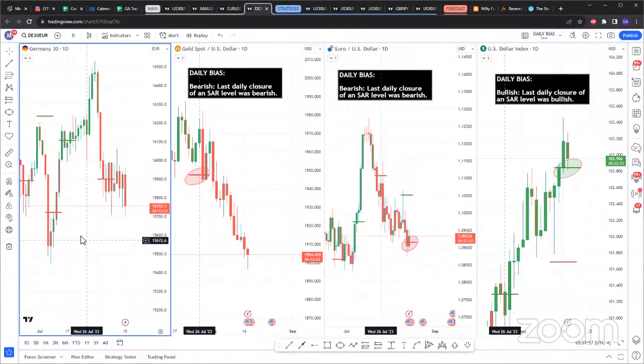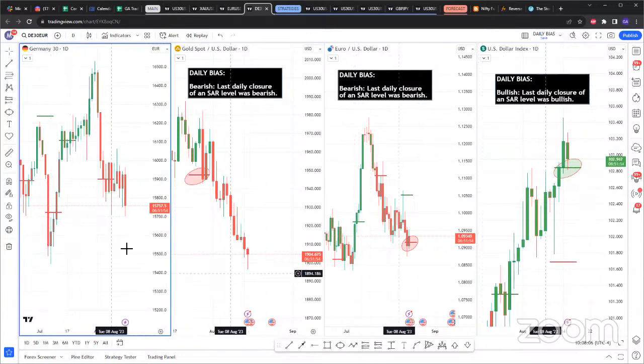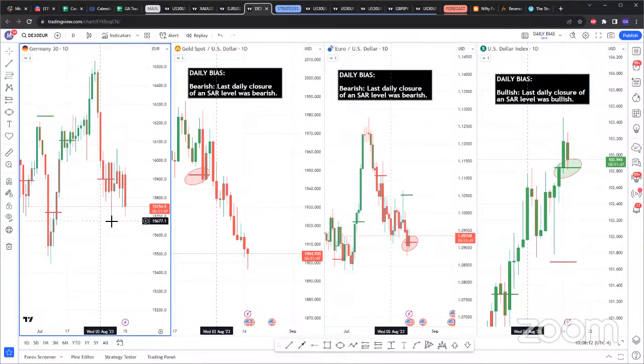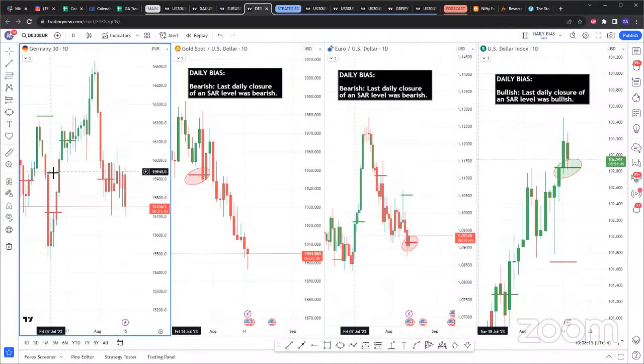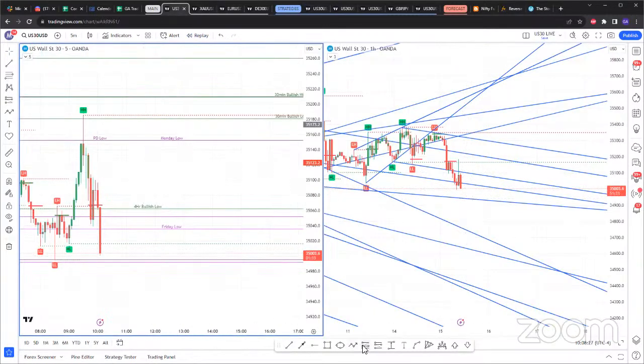So for example, here, of course, I don't know what the chart was doing, or what the 4 hour and 1 hour were doing on DAX on Friday, 7th July, but it's possible that on this high right here there were some double SARs on the 4 hour or 1 hour. But my concern for you guys is, once you get that daily, do not enter on impulse. Do what we are doing right now for US 30. Wait for price to come to those zones you've marked up, and then go ahead and find entries there.